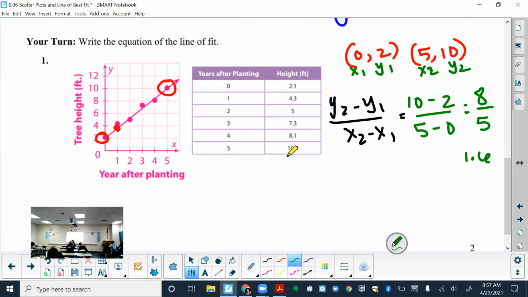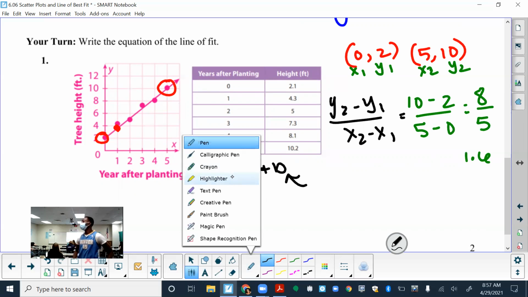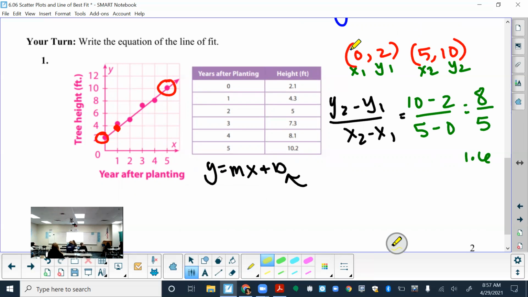So then we now need to make our equation that looks like y equals mx plus b. And I'm solving for the b. So what do I plug in for y? You can pick either one of the coordinates that you use.